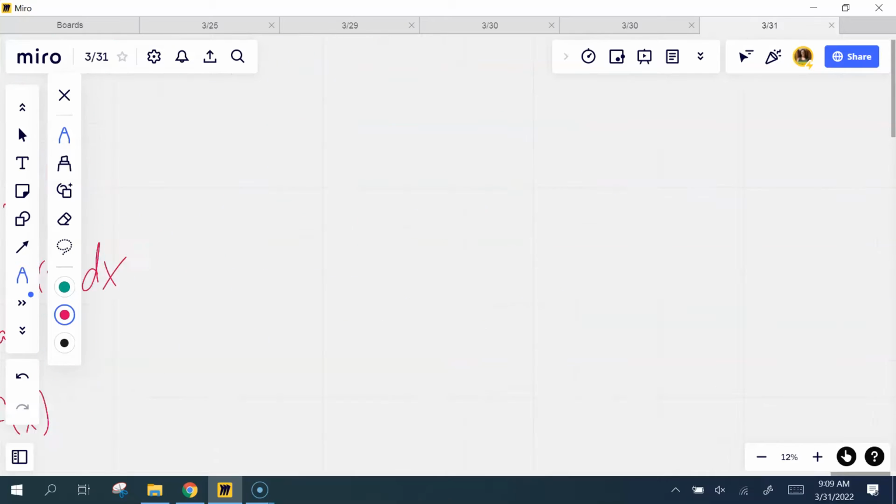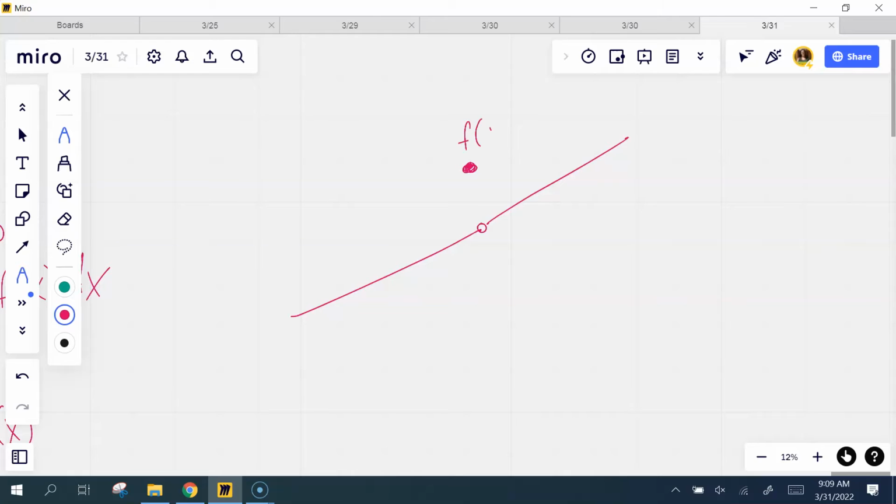Because we can have ones that look like this. This would be f of a, but the limit as you get to a is not the same. This is the limit as x goes to a, but this is f of a. So part A does not work. This is just testing your knowledge of limits.